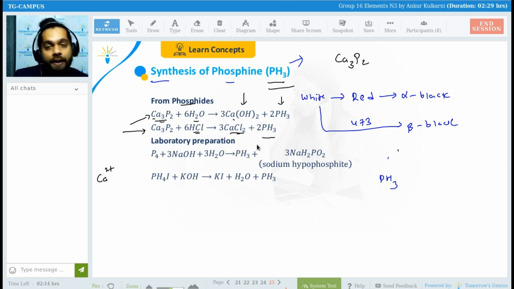Sashidharan, Gopinath, Sindhuja, Sajna, Ragul, Prashanti, what will be the oxidation state?